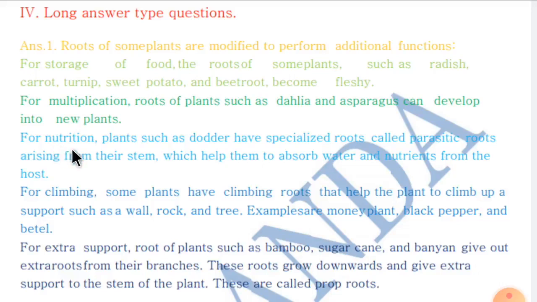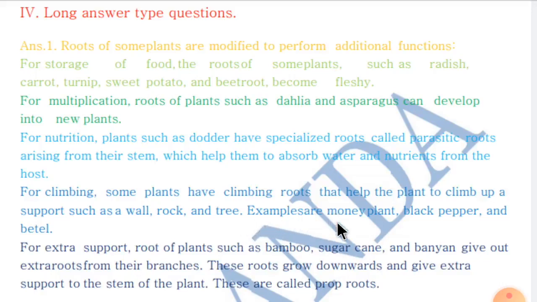For nutrition, plants such as dodder have specialized roots called parasitic roots arising from their stem, which help them to absorb water and nutrients from the host. For climbing, some plants have climbing roots that help the plants to climb up a support such as wall, rock, and tree.